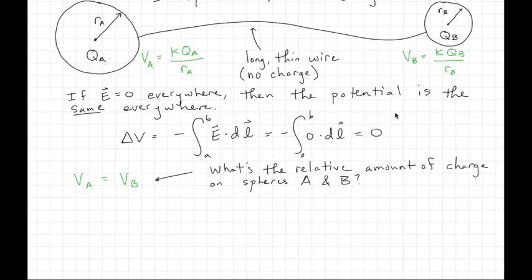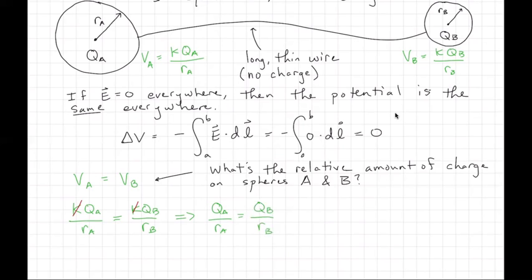So if we use these expressions for VA and VB, VA is KQA over RA, and VB is KQB over RB. Then we can cancel the K's, and that leads us to QA over RA is QB over RB.